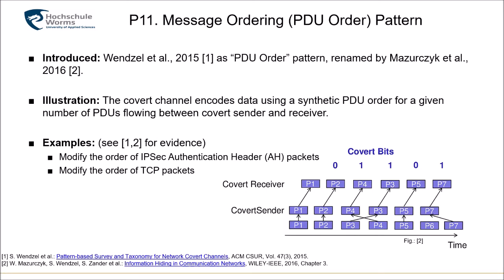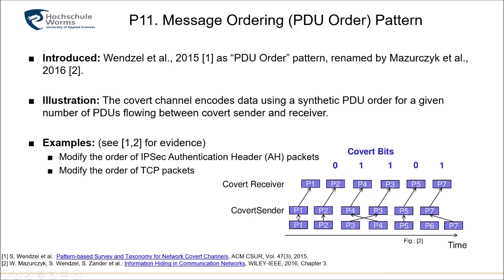Another one is the message ordering pattern. Here the covert channel encodes data using a synthetic PDU order for a given number of PDUs flowing between the sender and the receiver, like we see here in the graphic. So the original packet order is at the bottom line, packet 1, 2, 3, 4, and so forth.